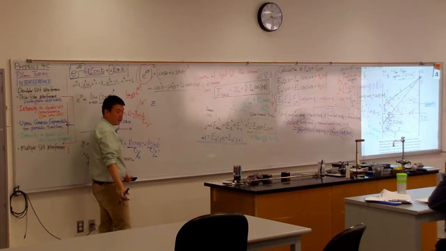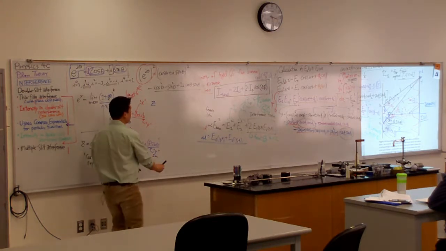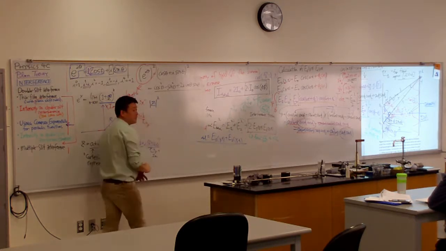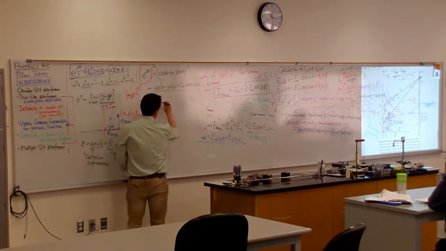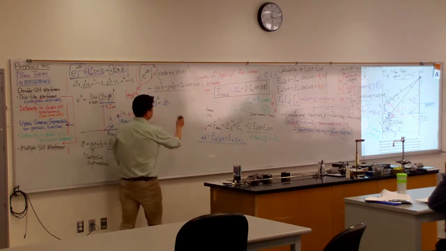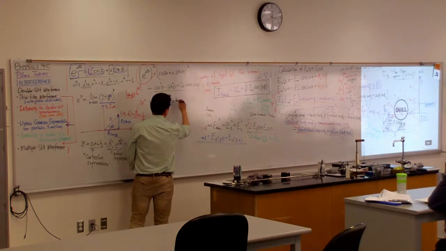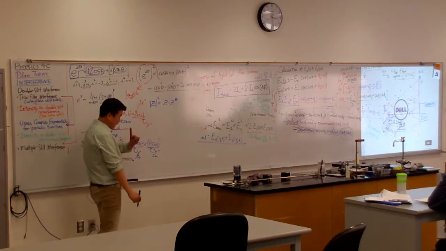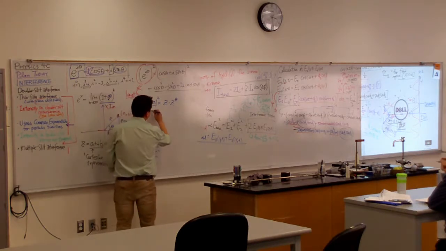The operation that is defined when you start using complex numbers more is that absolute value squared is defined as the complex number multiplied with its complex conjugate. This is how the complex conjugate is defined.